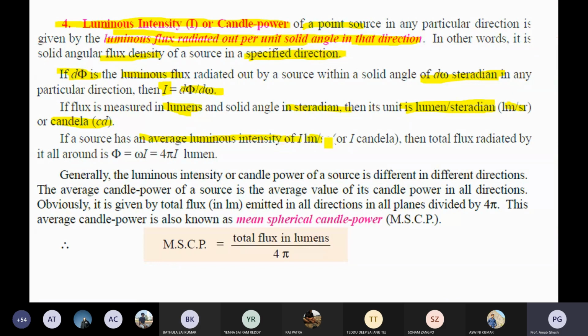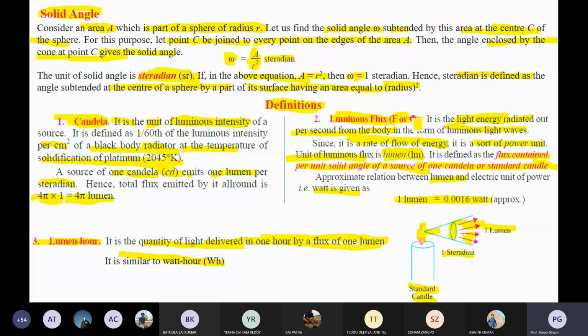The average candle power of a source is the average value of the candle power in all the directions. So you have to find out the average candle power. How to find it? You have to use MSCP. MSCP full form is mean spherical candle power. You have the total solid angle 4 pi. So total flux in lumen divided by total solid angle is called MSCP.